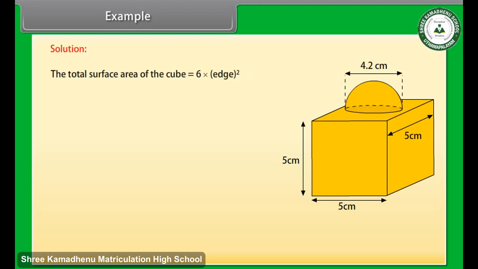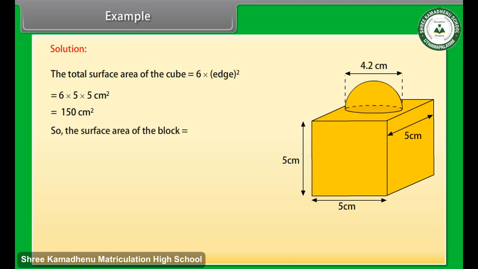Solution. The total surface area of the cube is equal to 6 into edge square, which equals 6 into 5 into 5 centimeters square, which is equal to 150 centimeters square. We can see that the part of the cube where the hemisphere is attached is not included in the surface area.